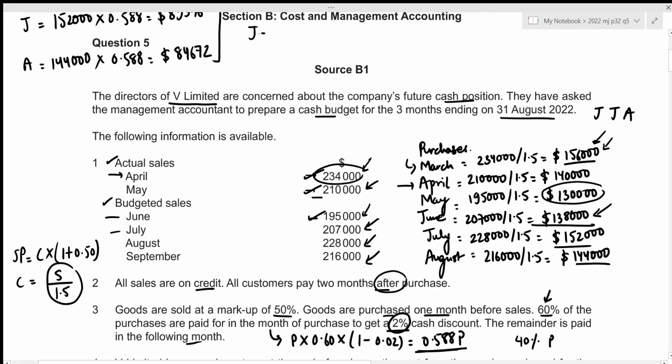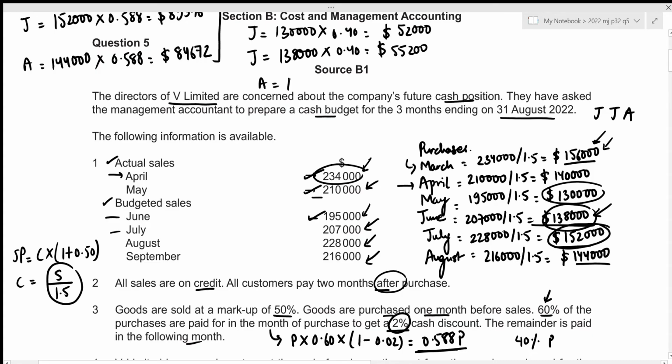That's going to be 130,000 times 40%, which we can write down as 0.40, which results in the amount of 52,000. Then for July, we'll be paying out 40% of the purchases made in June. So that will be 138,000 times 40%, which results in the amount of 55,200. And for the month of August, that will be 40% of the purchases made in July.